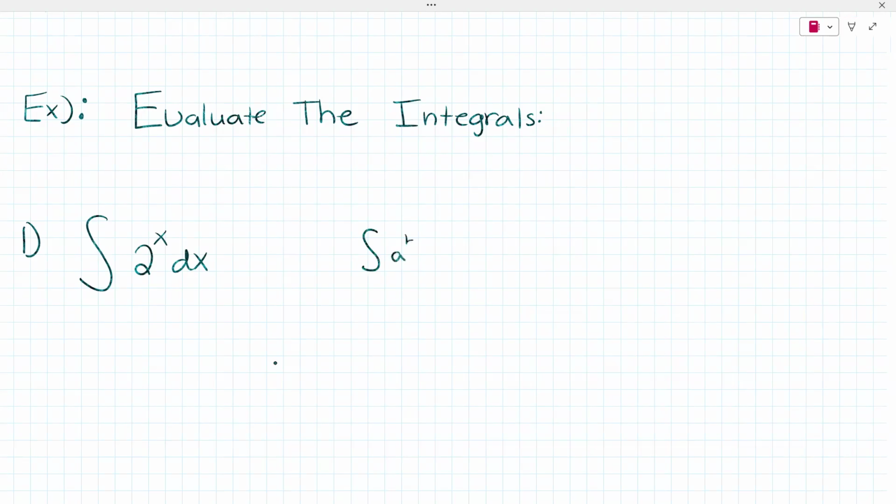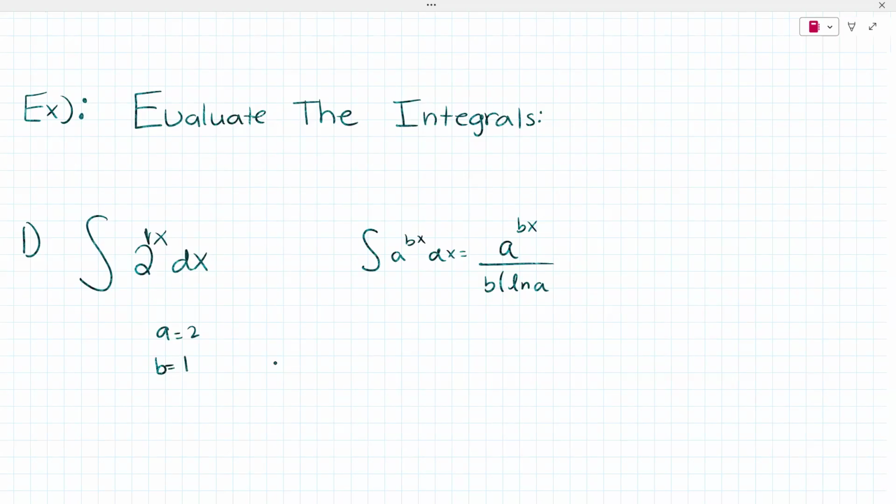The integration of a raised to the bx dx is a raised to the bx over b ln of a, right? So we've got to find our a and we've got to find our b. Our a is the base, so our a is 2, and my b is the number in front of x. So there's just no number, it's just an invisible one.